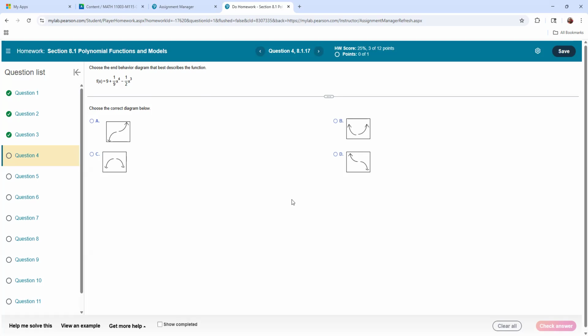Positive, good job, because that 1/9 is positive. So you have an even degree and a positive lead coefficient. What are y'all saying? B? Yeah, it's going to have both ends heading straight up, and it would be B. All right, y'all, good job on that.